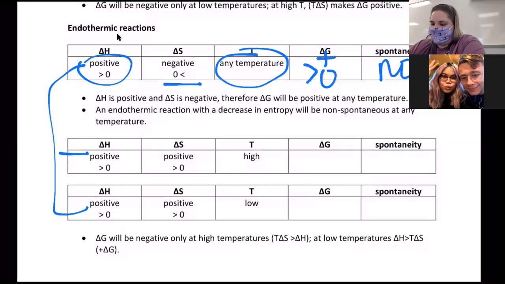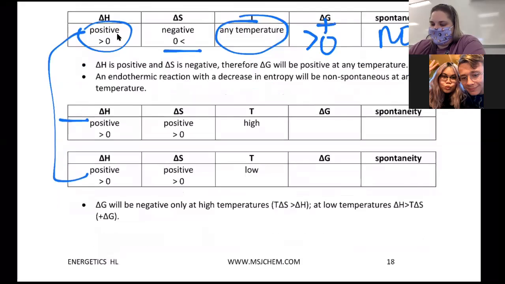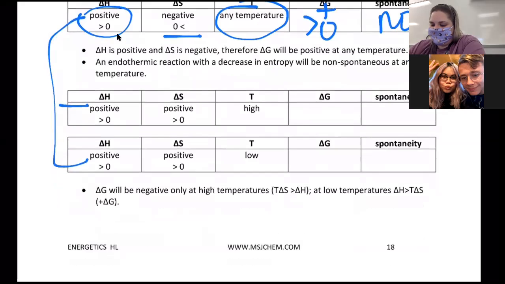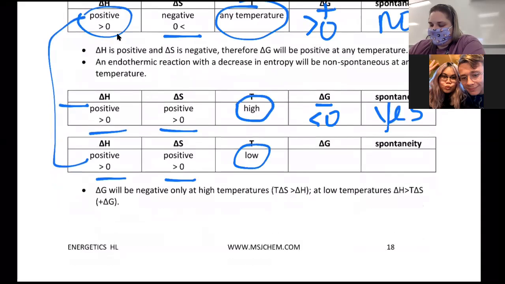The other situations are where we have positive delta H and positive delta S both, and this is where it depends on the temperature. At a high temperature, it'll be negative, meaning less than 0, so yes, it's spontaneous. If it's a low temperature, I'm going to get positive Gibbs free energy, meaning greater than 0, and it's not spontaneous.